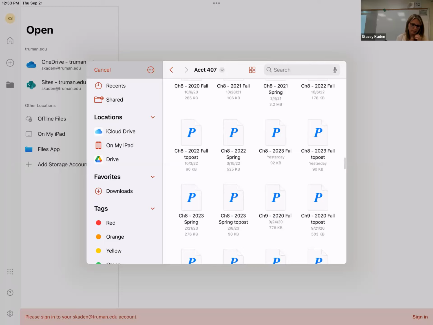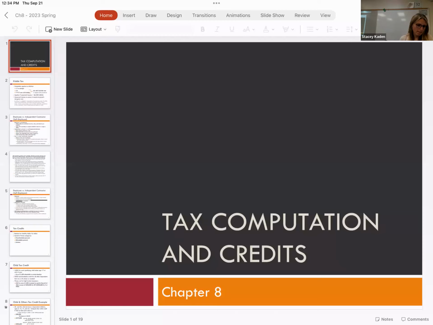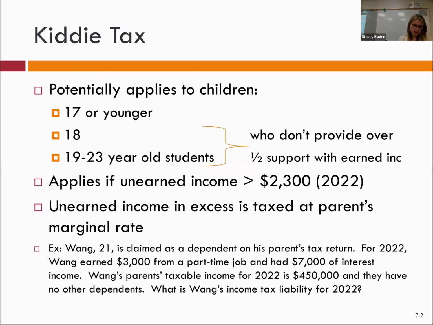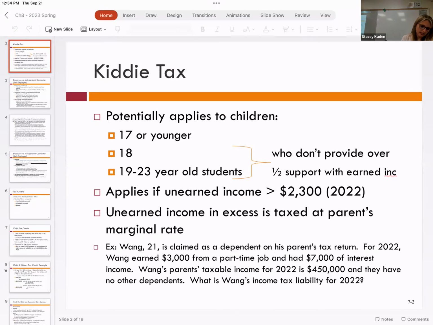Went too far. There we go. All right, so we're going to be talking about the tax computation and credits. The first item that I want to talk about, and there's just one slide on this, and this is not the right slides. It's not the updated numbers. I bet I picked spring instead of fall.